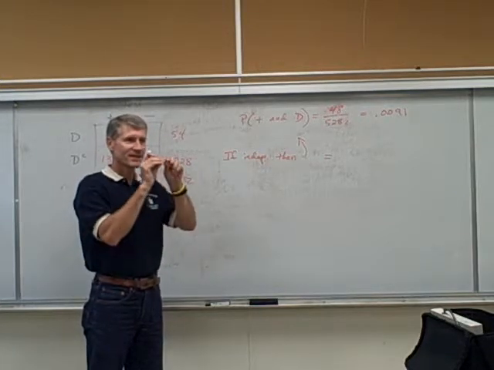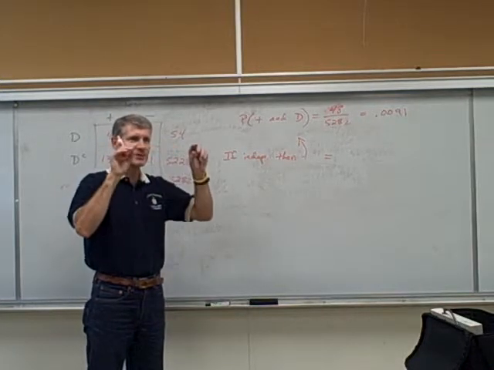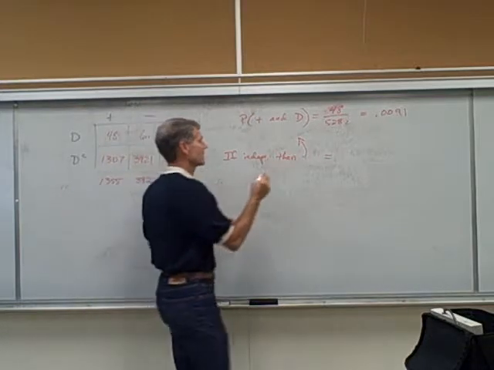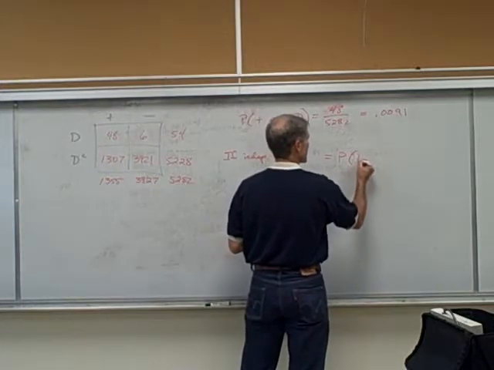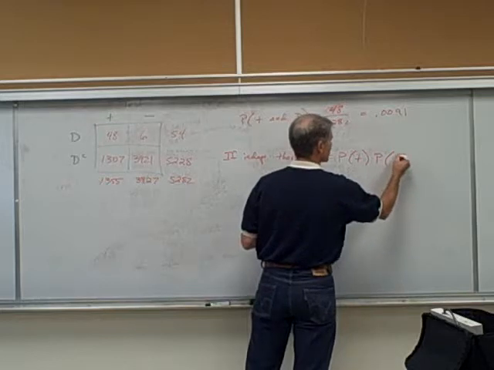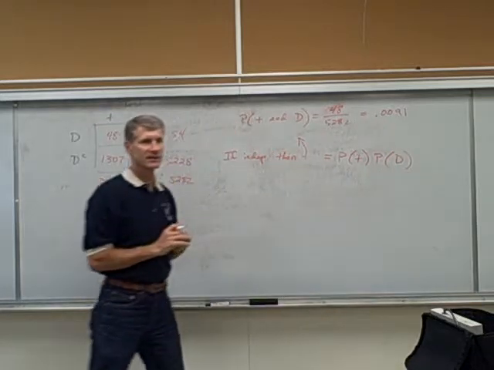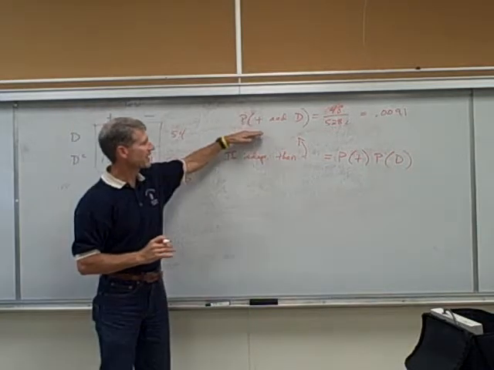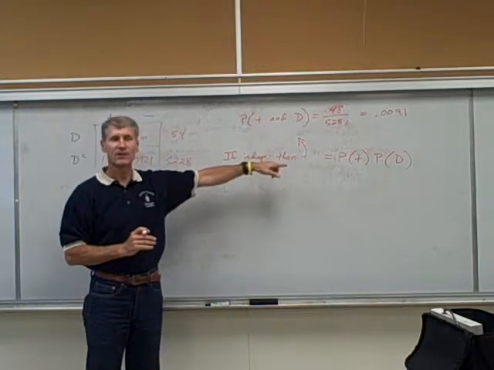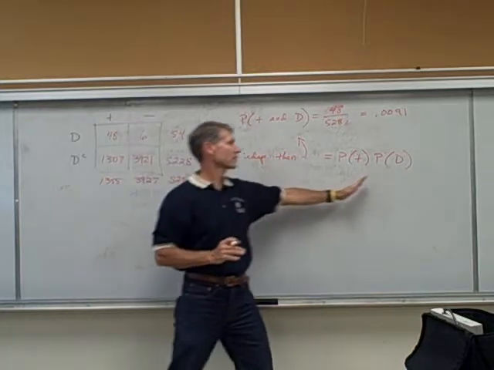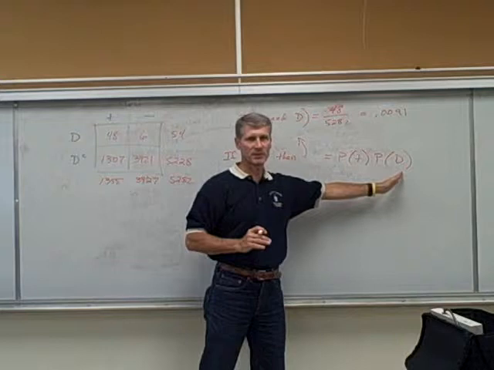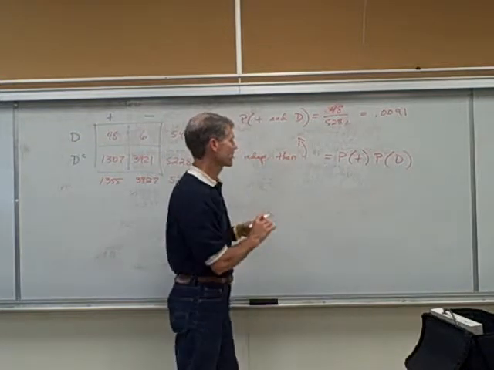It would be the probability of positive times the probability of D. Right? If they're independent, you can break up an and like that. If they're not independent, the second one has to be a conditional probability. Let's see if that works.